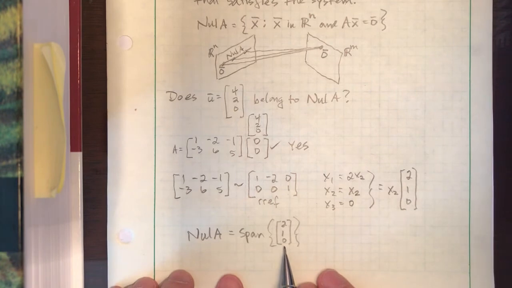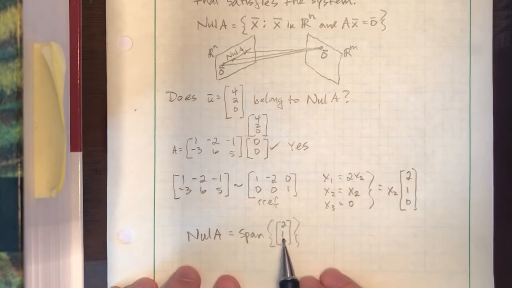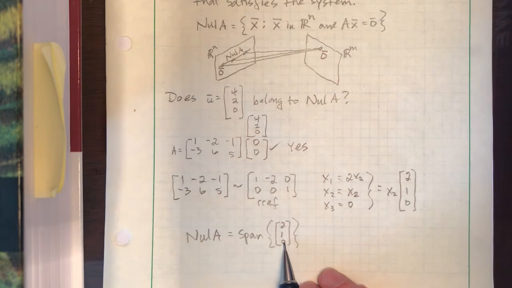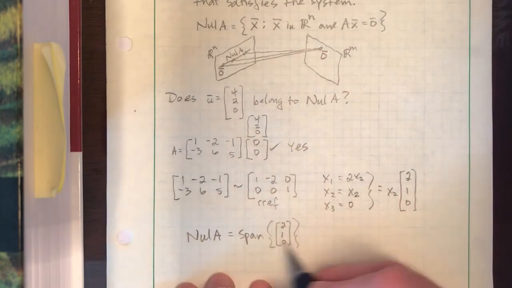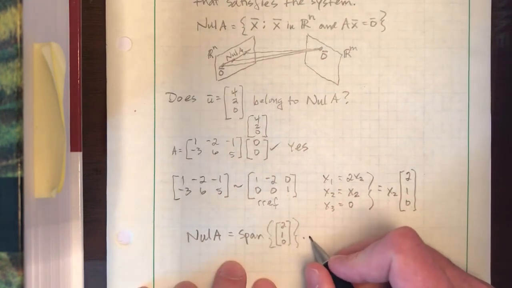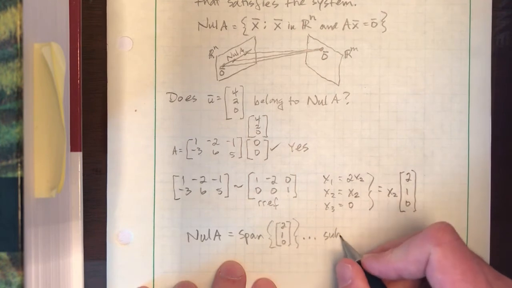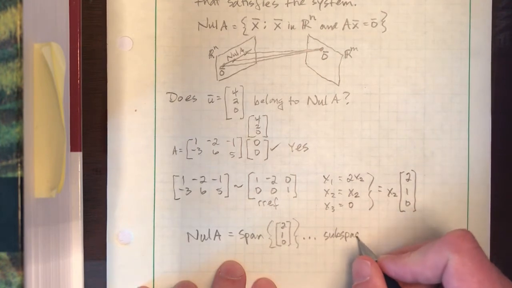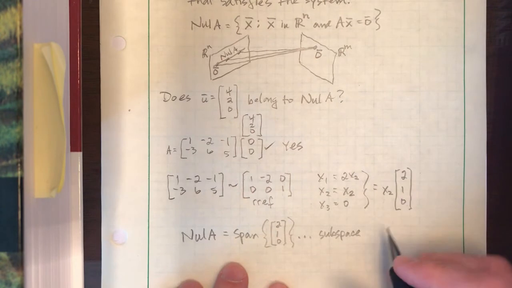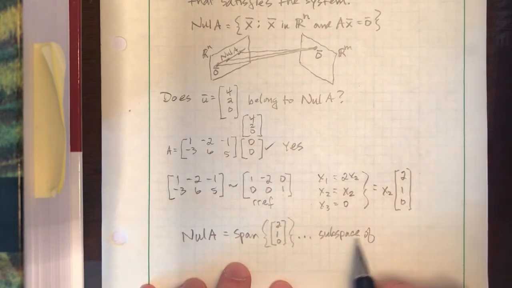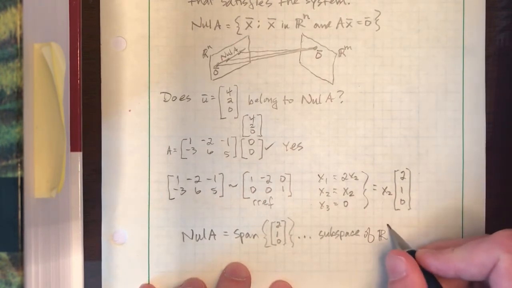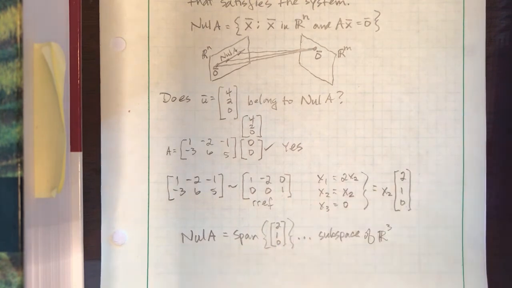So my null space of that matrix is the span of a single vector, and we know geometrically that's a line in R3 going through the origin. So another thing, a null space is a subspace, a very famous subspace, and we always like to call out of what vector space? Of R3, because it contains 3 elements.